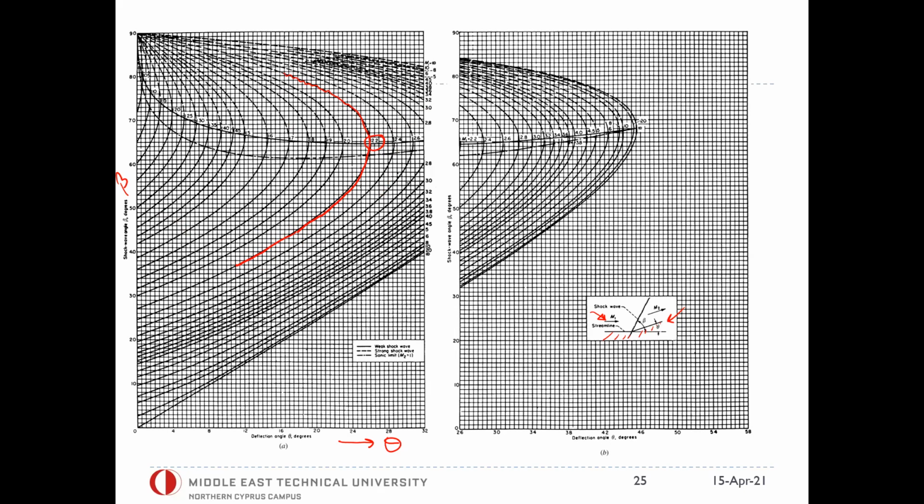For example, along this line, Mach number is equal to 2.2. Along this curve, Mach number is equal to 2. Along this curve, Mach number is equal to 1.6, and so on. It goes all the way up to quite high Mach numbers. You see, for example, Mach number 20 and even infinity here, a theoretical value.